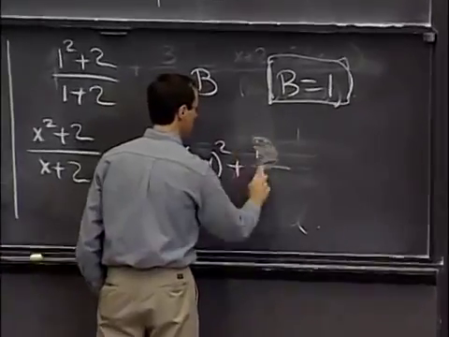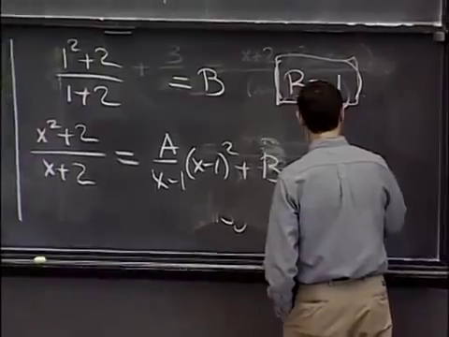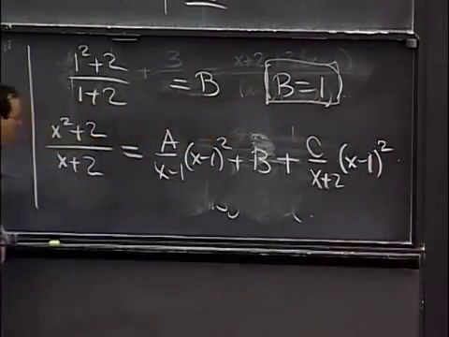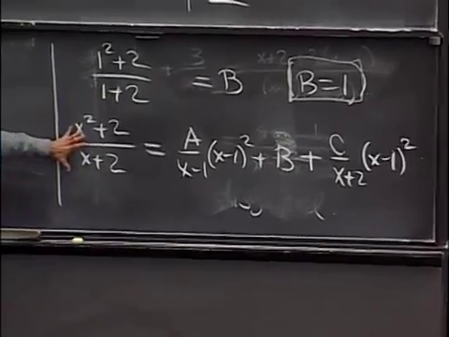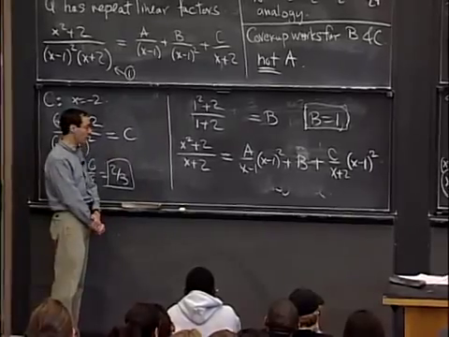So this canceled here, so this b just stands alone, and then I have here c x plus 2 x minus 1 squared. Now notice, again, I cleared out this term from the denominator and sent it over to the other side.